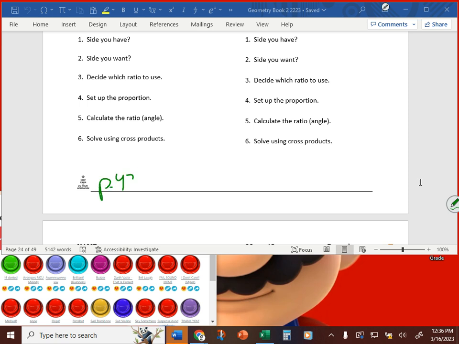On page 470, you are to do 18 through 20.